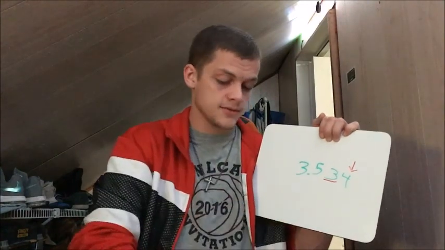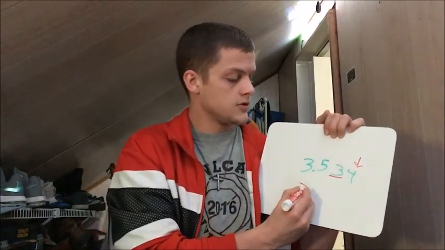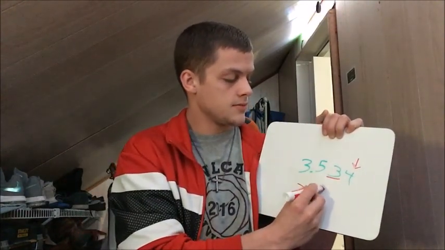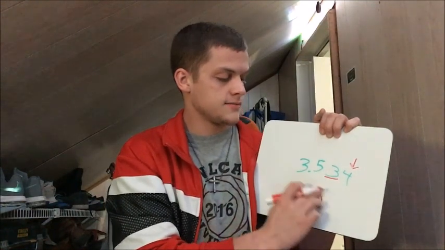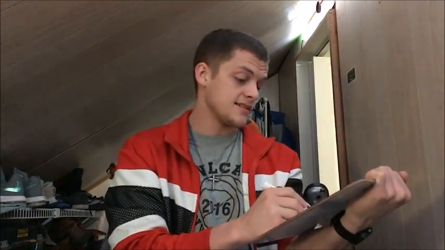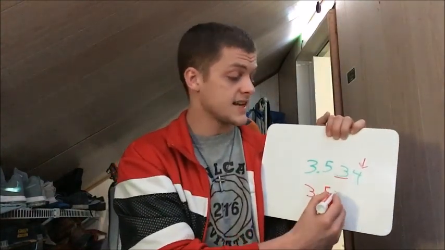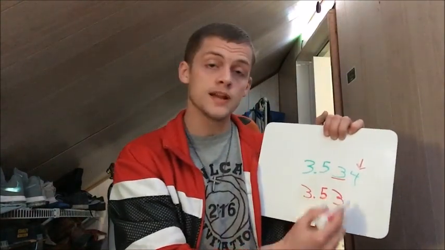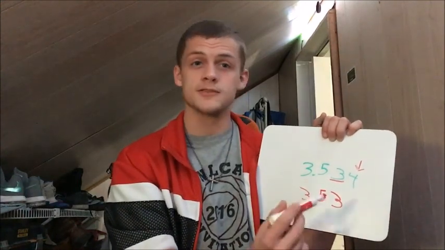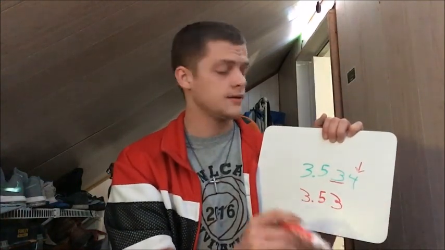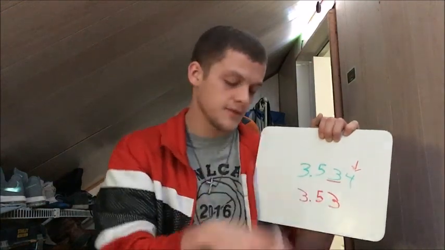We're going to keep this number the same. So our new number would be 3.5, and this is going to stay as a 3. It's a bad 5, it's hard to write 5s backwards. And we don't add zeros to the end because it's a decimal. Zeros at the end of a decimal do not matter. Okay, so 3.53 would be our answer.